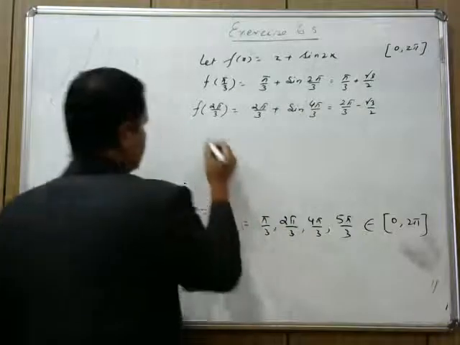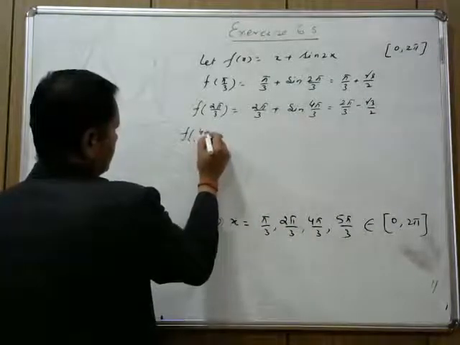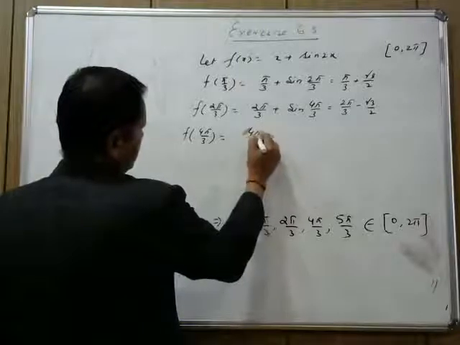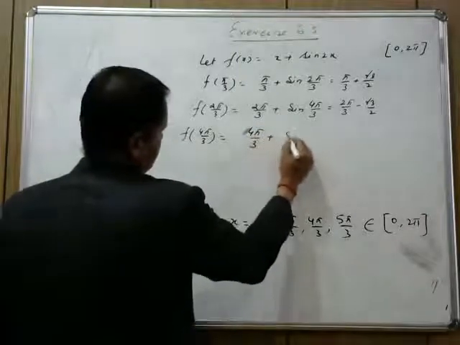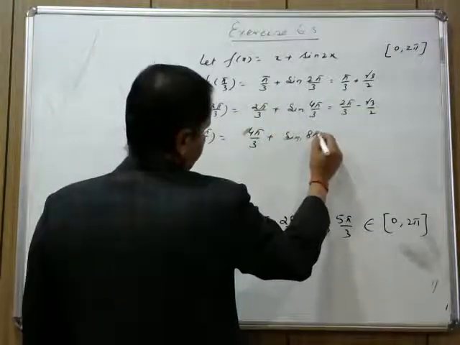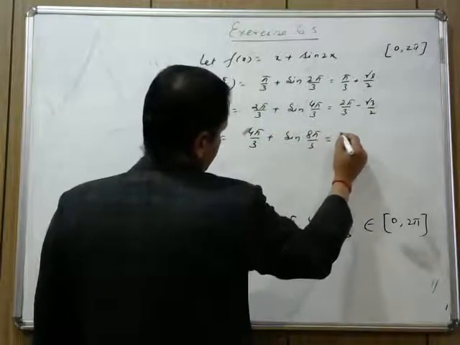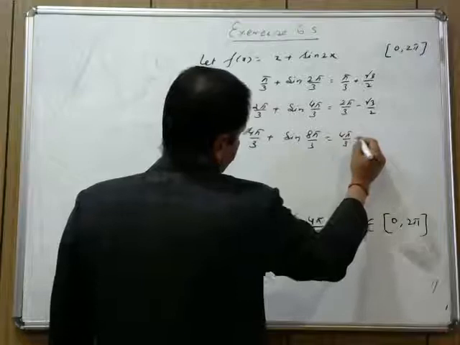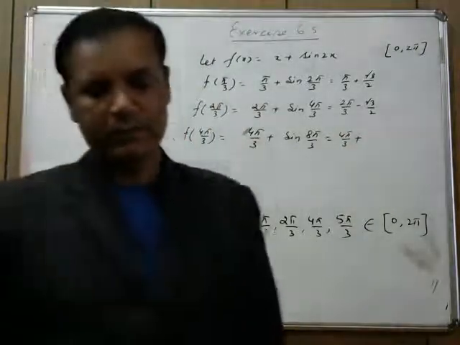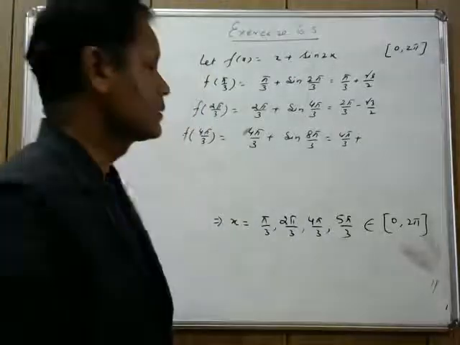Now at 4 pi by 3, f of 4 pi by 3 will have 4 pi by 3 plus sine of 2 into 4 pi by 3, that is 8 pi by 3. So now 4 pi by 3 plus sine 8 pi by 3. How will we find the value of sine 8 pi by 3? It is 2 pi plus 2 pi by 3.